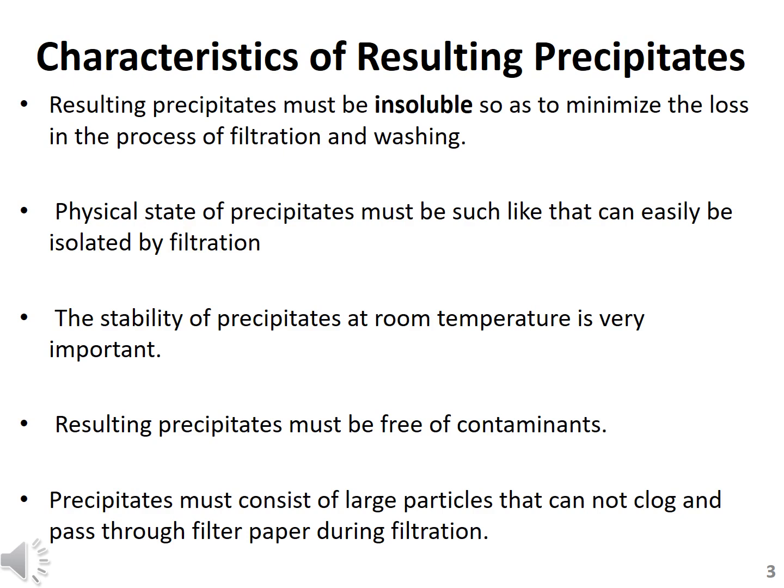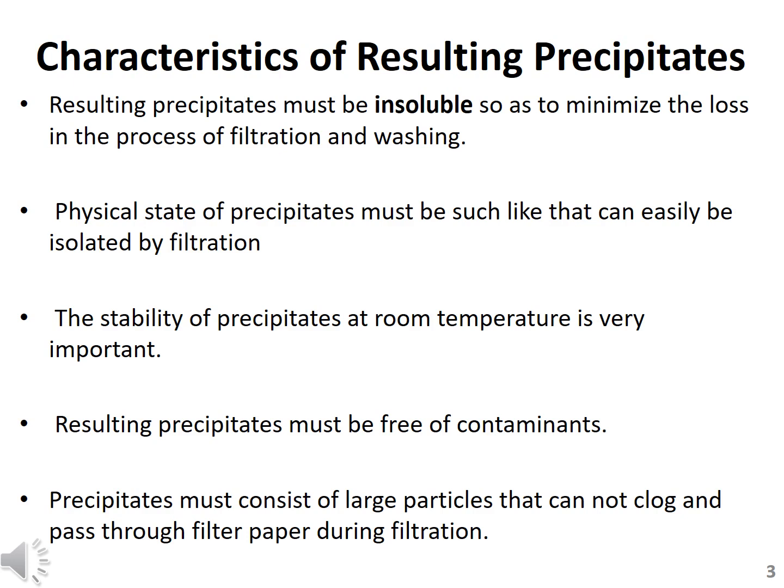And the next point, the stability of the precipitate at room temperature, is a very important property. If the temperature varies, then the precipitate may lose its integrity, its shape, its structure, and may again reconstitute into its ions.